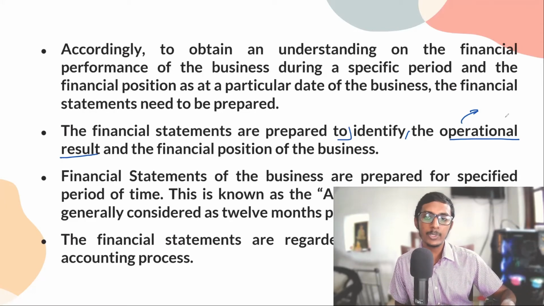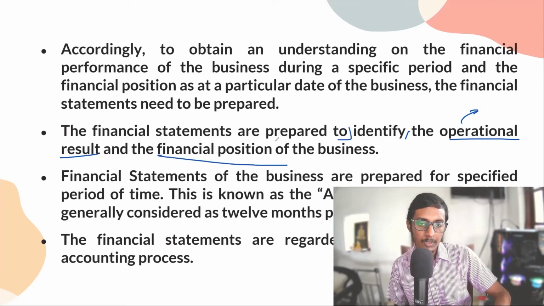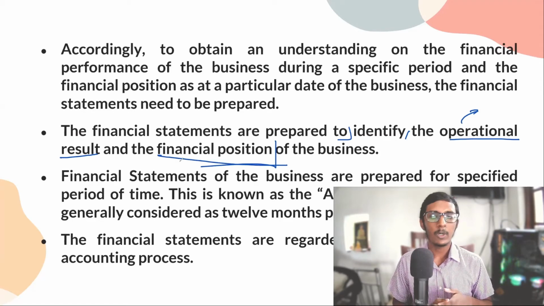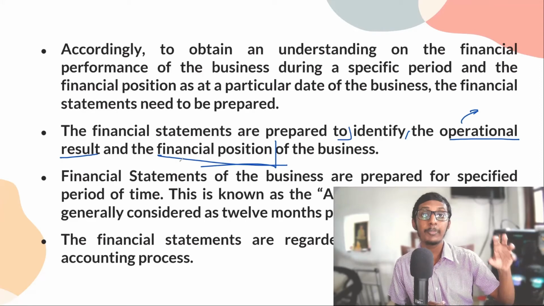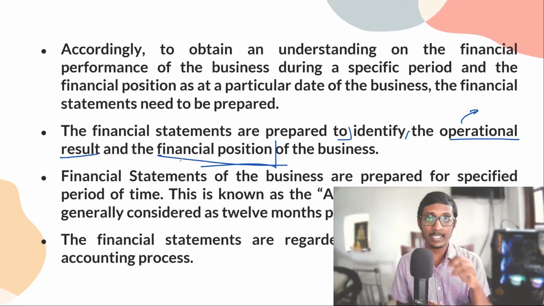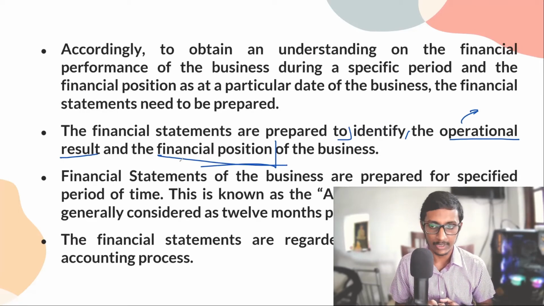Number two, they have mentioned the financial position of the business. That means how many assets that business has, how many bank loans, how many liabilities that business has. So we can identify those things by preparing the financial position statement, or we can say the statement of financial position.